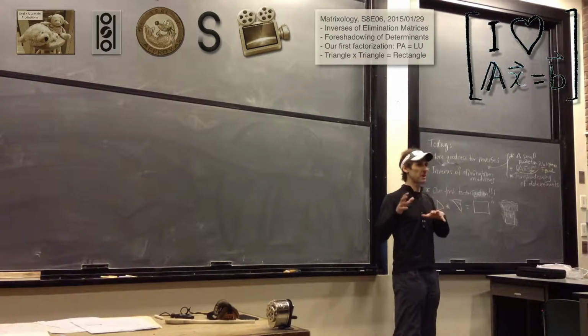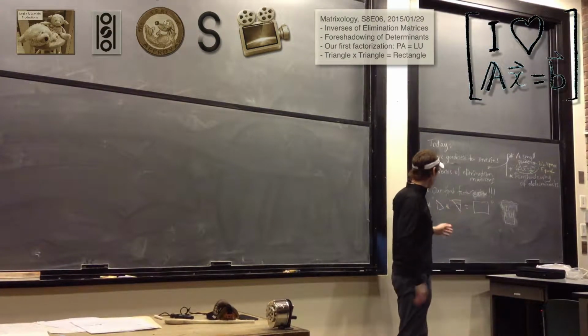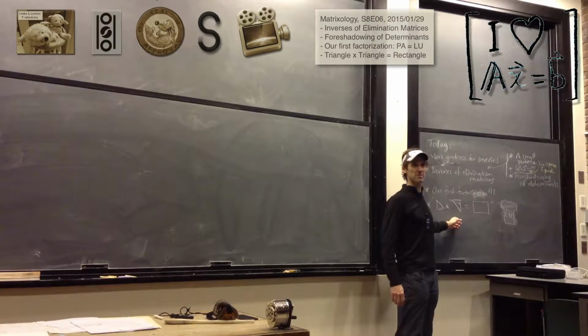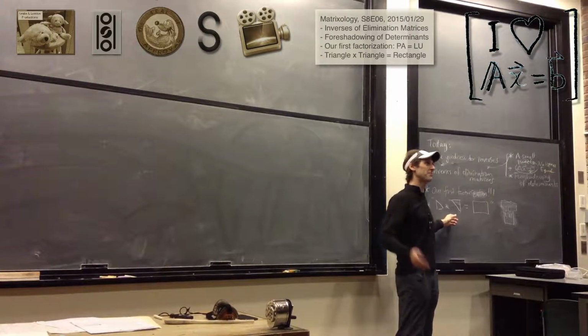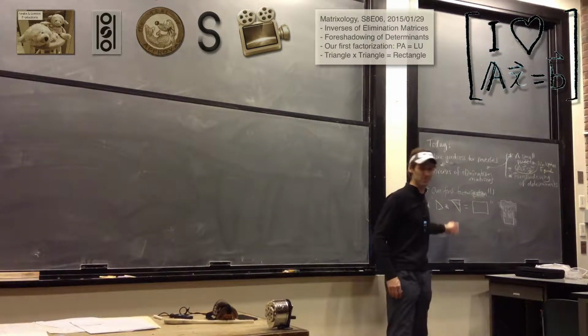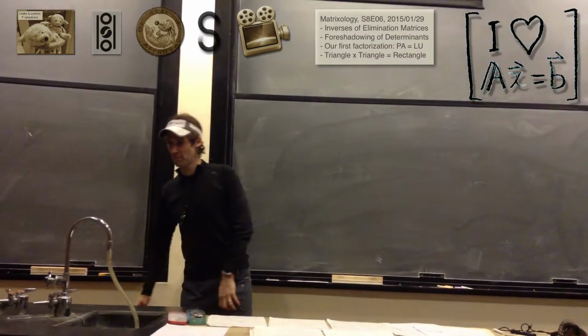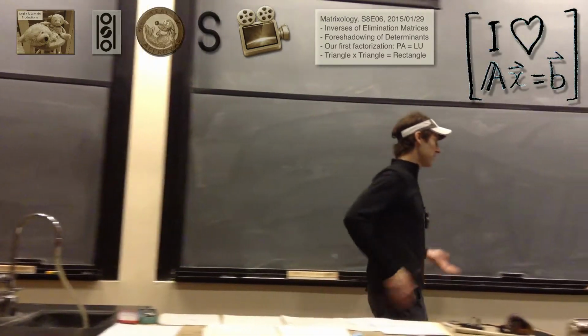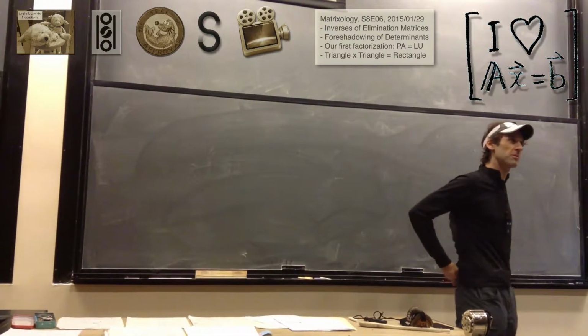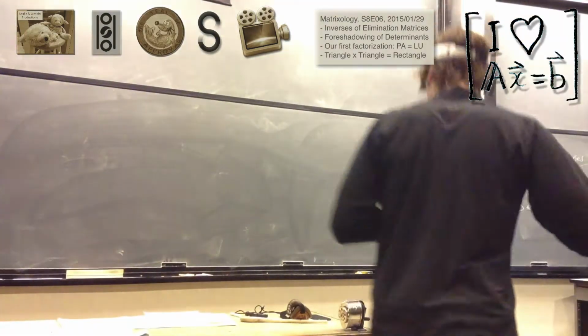There are all these words floating around that are sort of okay. This is just called LU factorization, which is just a complete failure to market your product. So if we can come up with a better name, which no one in the world will understand, then we should. But we could call it triangle times a triangle equals a rectangle. All right. Okay, off we go.